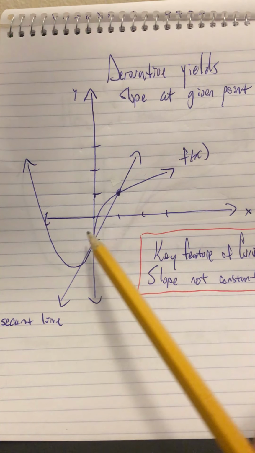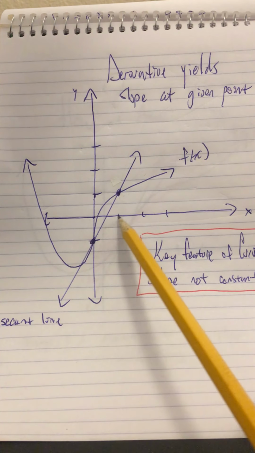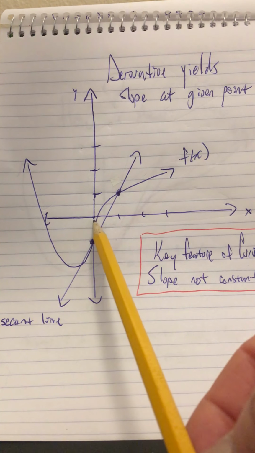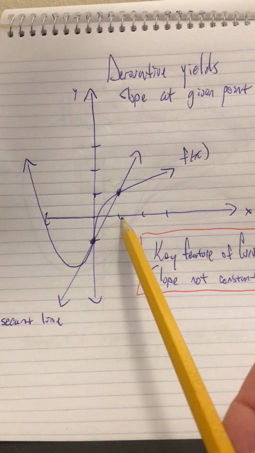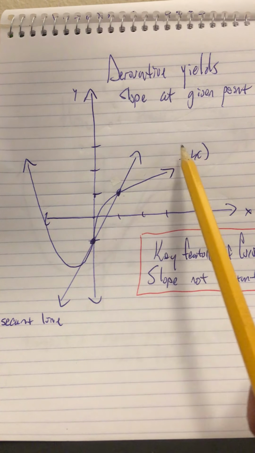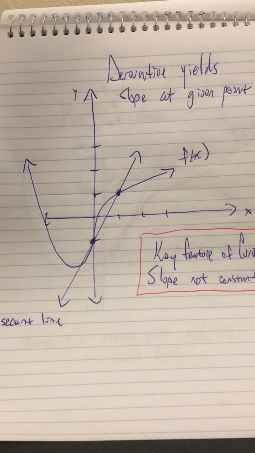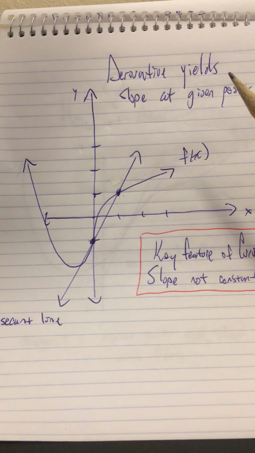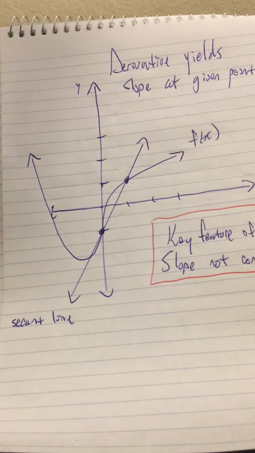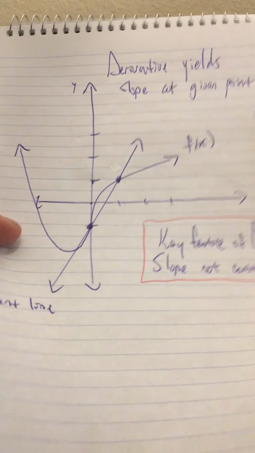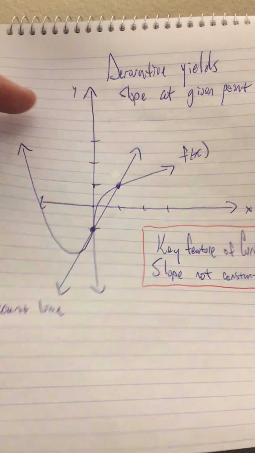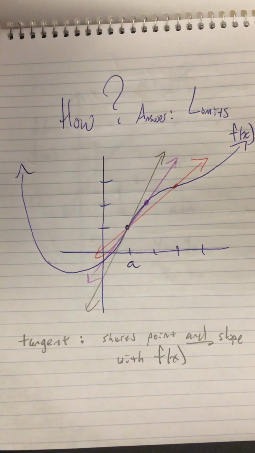On this particular example, I put the points at 0 and 1 on the x-axis. So over the interval from 0 to 1, the average slope of the curve would equal the slope of this secant line. But that's not what we want. We don't want the average slope. The derivative doesn't tell us the average slope. It tells us the slope, the steepness of the curve at a given point. We want to know the steepness, the slope of a curve at a given point. How are we going to do that?